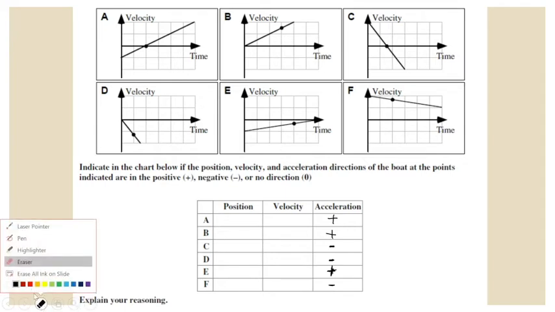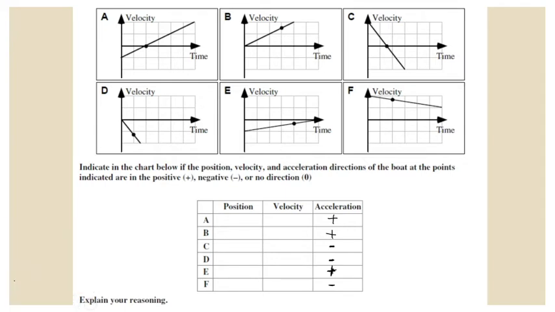Speaking of which, that allows us to look at the velocity column, and I hope everybody realizes here they're giving you a specific point on the velocity versus time graph, and on a velocity versus time graph, the sign of the velocity is determined by whether the point is above or below the x-axis.